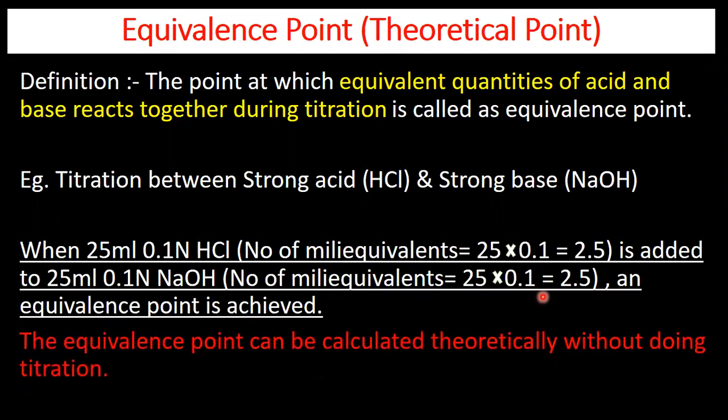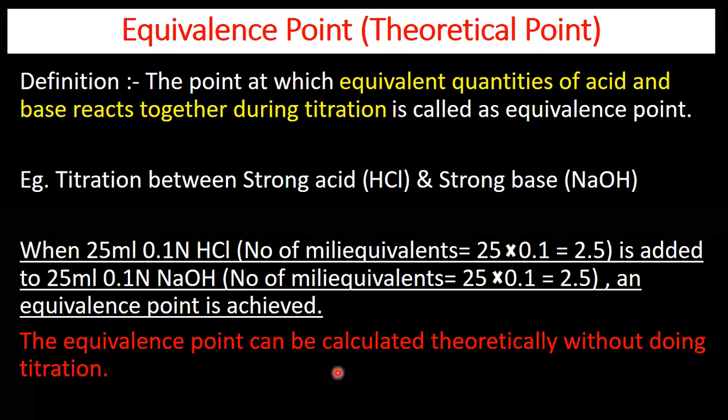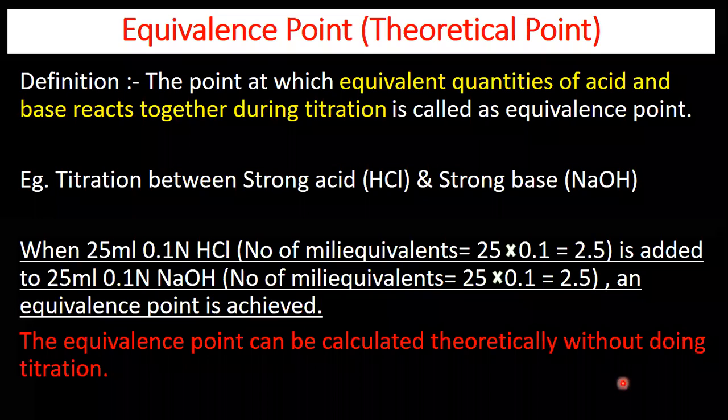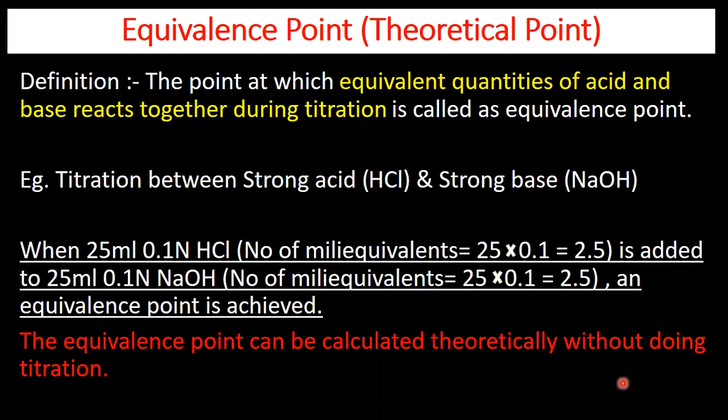So the equivalence point we can calculate theoretically, without doing a practical or a titration. We can estimate where I can get the end point or equivalence point of my titration. This is the beauty of this theoretical calculation.